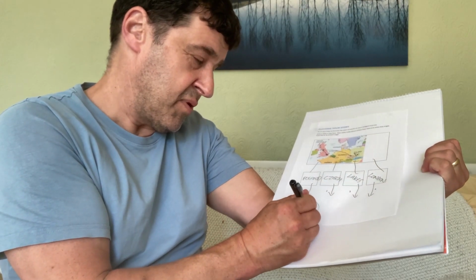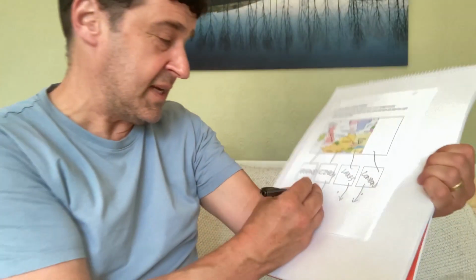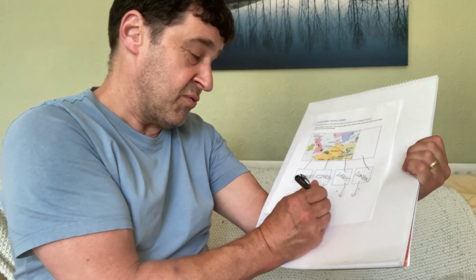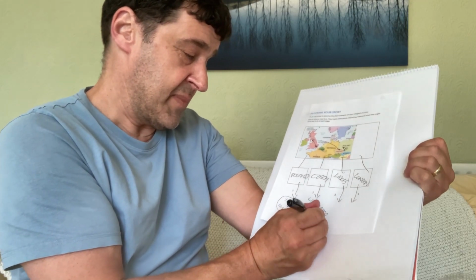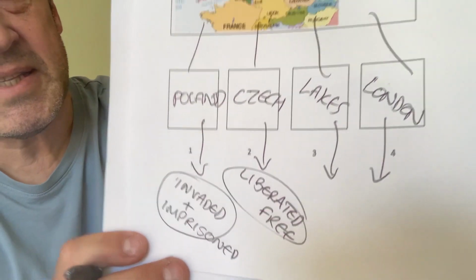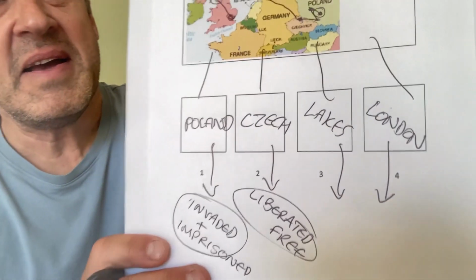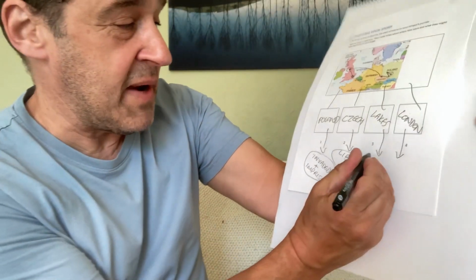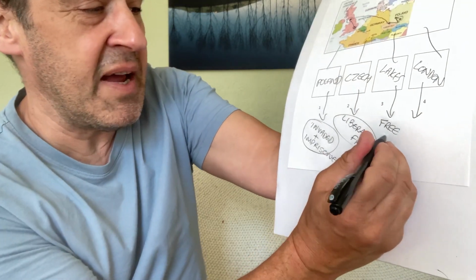There's a better word, but I'll put that for now. In the Czech Republic, he was liberated, which means the Russians, in this case, came and made him free. So this is map, place, event, and this is how I'm putting together a plot. I'm so inarticulate, and I'm really sorry, but this is what I'm trying to explain. Then he went to the lakes where he was completely free, and he started doing sport.